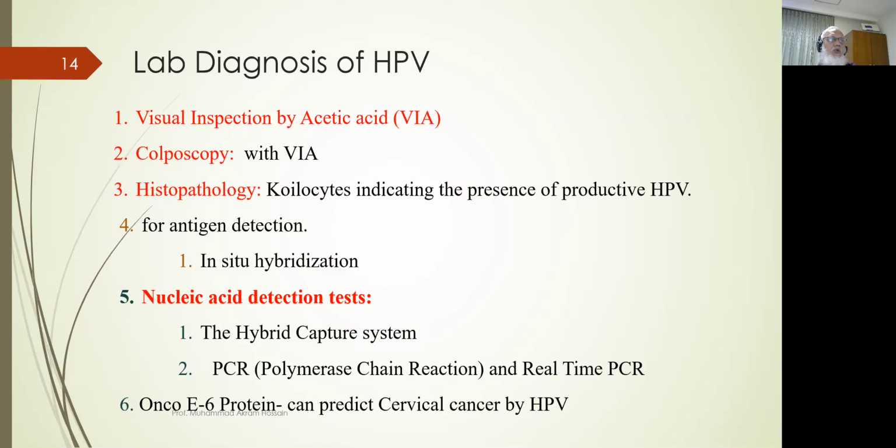And to diagnose cervical cancer, there is a rapid test, OncoE6 protein, which can predict cervical cancer by HPV. Actually, it does not detect the HPV, but it detects a product, OncoE6, which is the carcinogen, the factor that causes cancer in women.